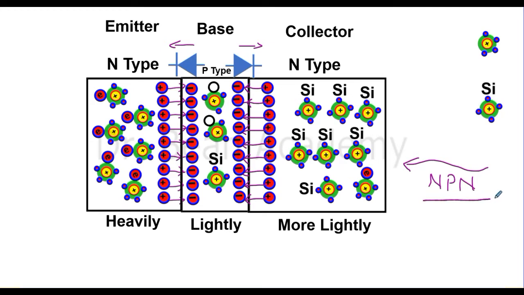And of course you can suggest, why not make a transistor where the p-type semiconductor is on the left, and N is sandwiched between two p-type semiconductor materials. And of course we also have transistors with this structure, but NPN is most common.